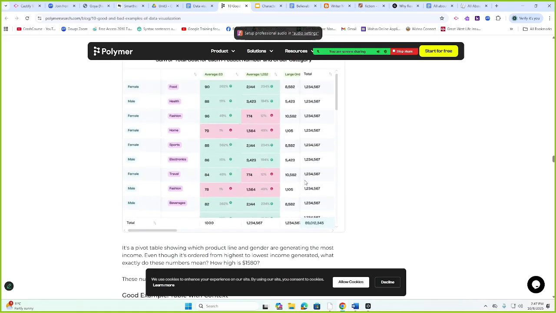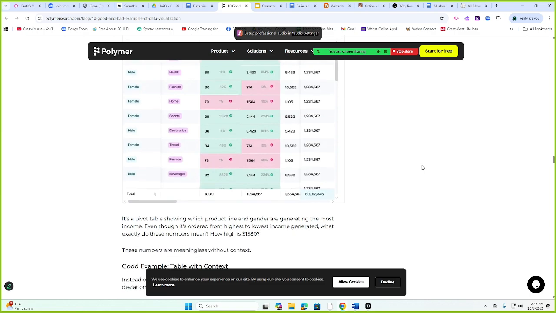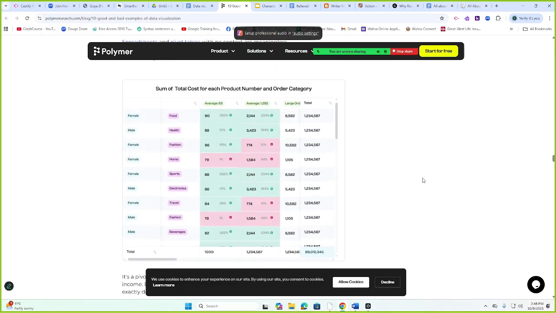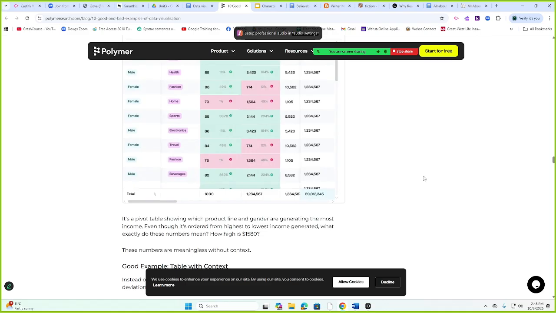This one is a pivot table showing which product line and gender are generating the most income. Even though it's ordered from highest to lowest, what exactly do the numbers mean? How high is $1,580?